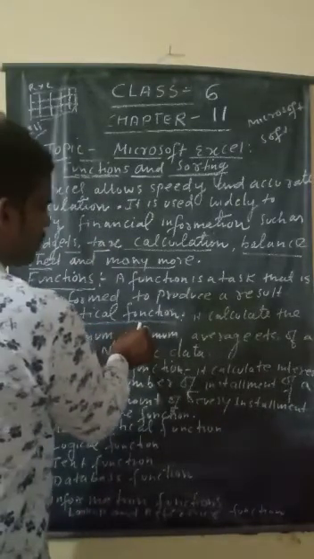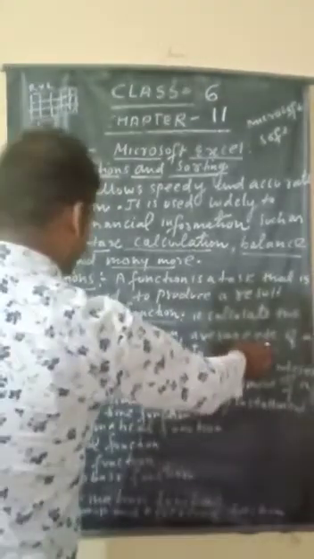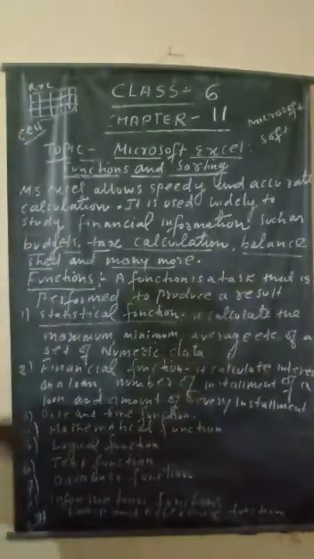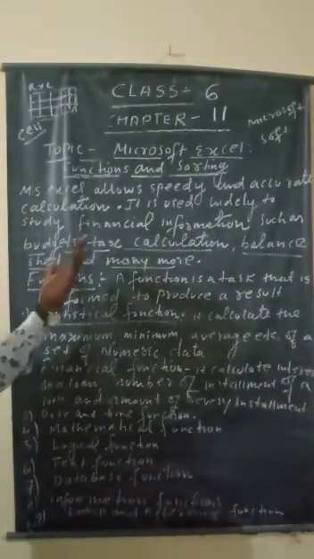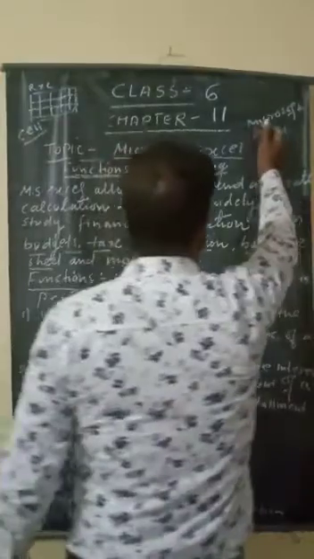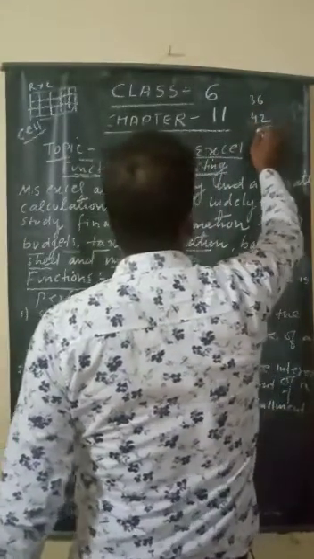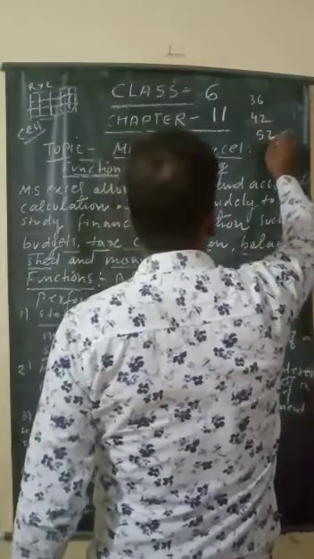First one is the statistical function. It calculates the maximum, minimum, average, etc. of a set of numbers. Suppose there are lots of numbers here, for example 36, 42, 52, 32.